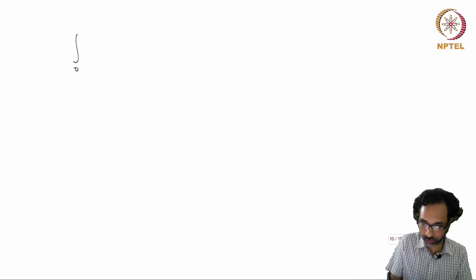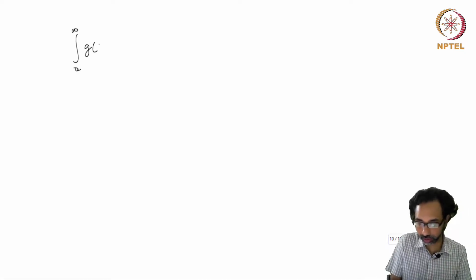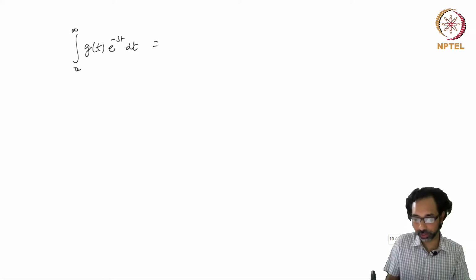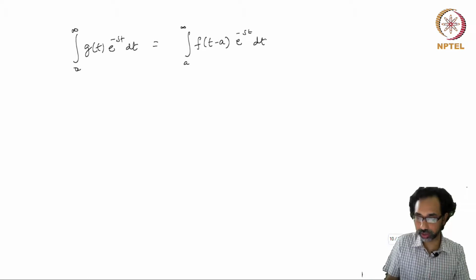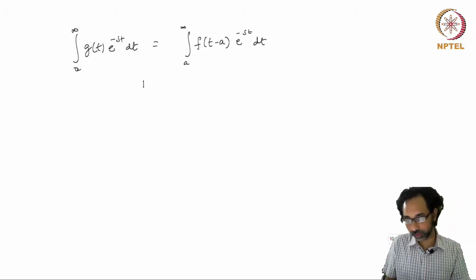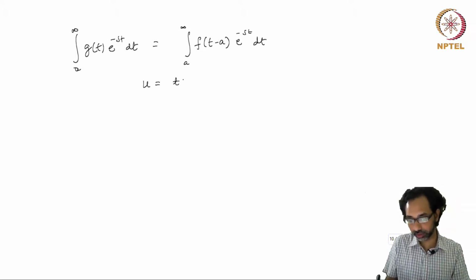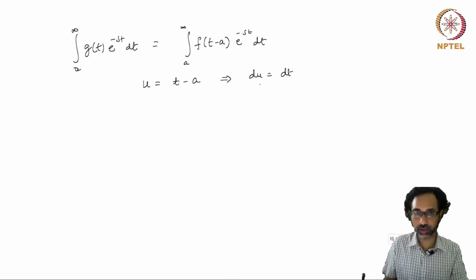So let's see what our second integral is. It's the integral from a to infinity of g(t) exponential minus st dt, and this is given by the integral from a to infinity of f(t minus a) exponential minus st dt. Now we can make a change of variables, u equals t minus a, which means that du equals dt, since a is a constant.